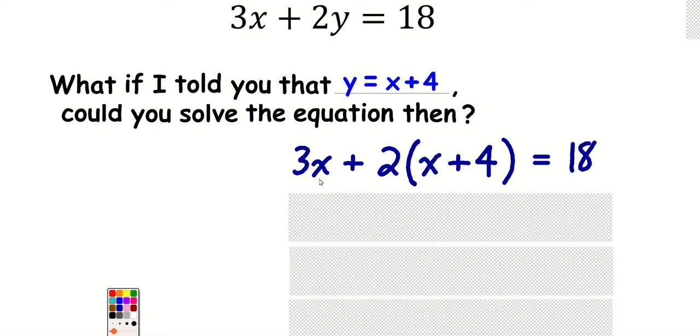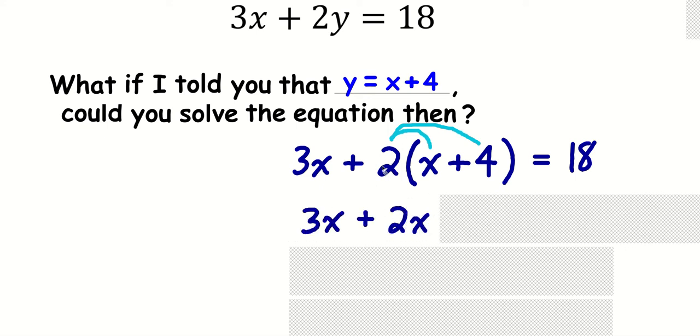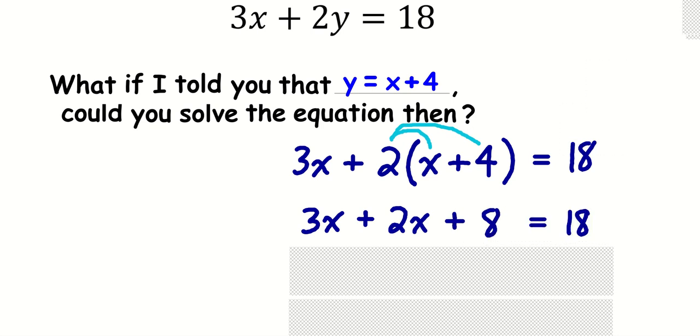So what would we do first to start actually solving for x? Well, we would distribute the 2, first of all. We want to clear parentheses. When we multiply 2 to the x, we get 2x. And when we also multiply 2 to the positive 4, we get positive 8. So that is the next step, naturally.